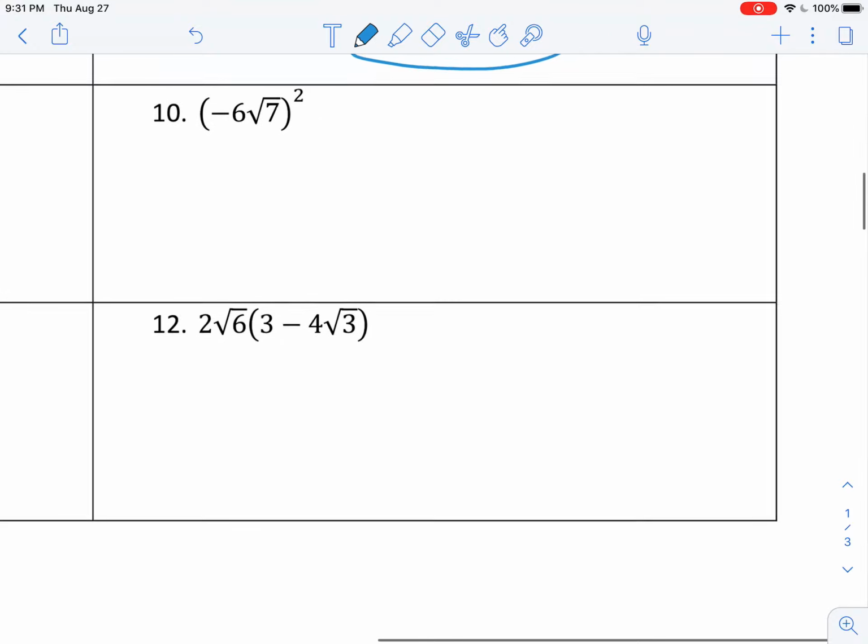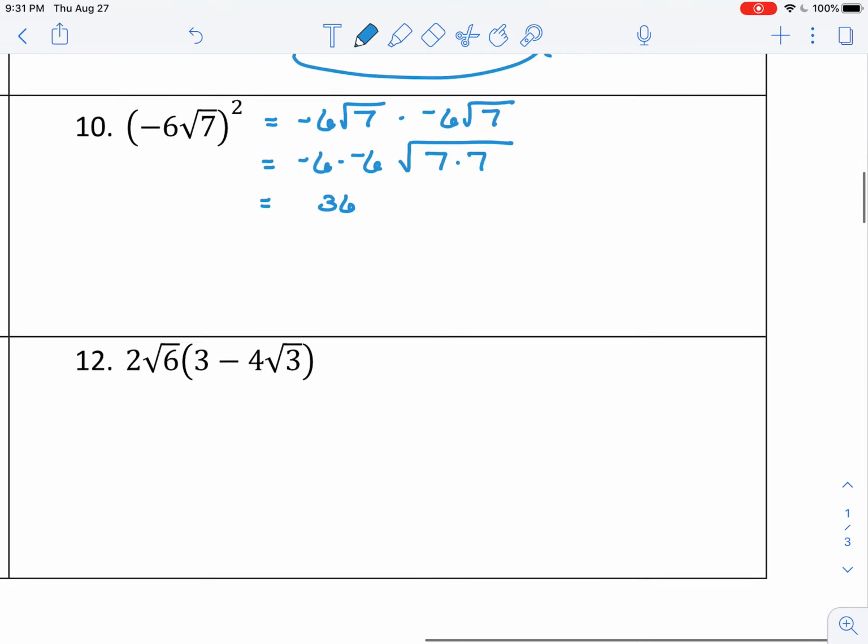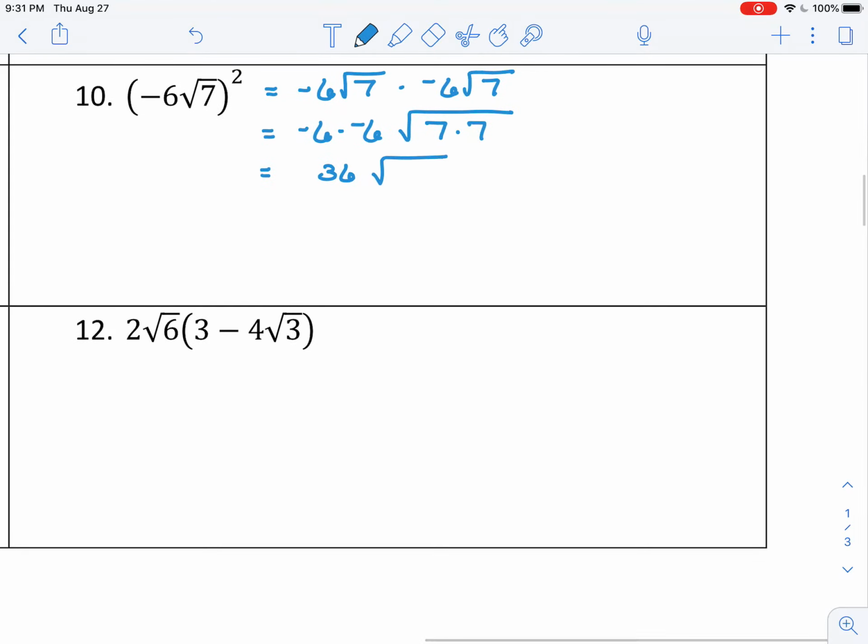So the last one we're going to do is number 10. I'm squaring this, so I'm going to take the time to write it twice with a multiplication sign. And I'm going to multiply, simplify. Negative 6 times negative 6. Square root of 7 times square root of 7. So negative times the negative is positive. 7 times 7 is 49.